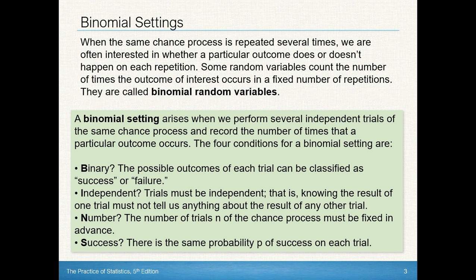So for example, if I flip a coin, I could call it a success if I get heads. Otherwise, it's a failure. Each coin flip is independent. I'm going to count how many heads I get out of 10 trials, and every time I flip the coin, I have the same probability of getting heads. That little acronym can help you remember the conditions for a binomial distribution.